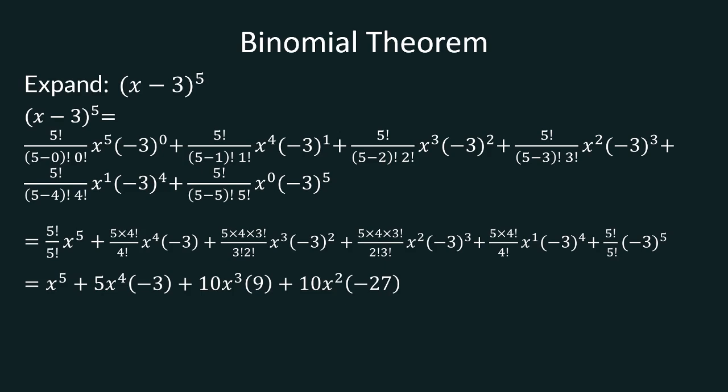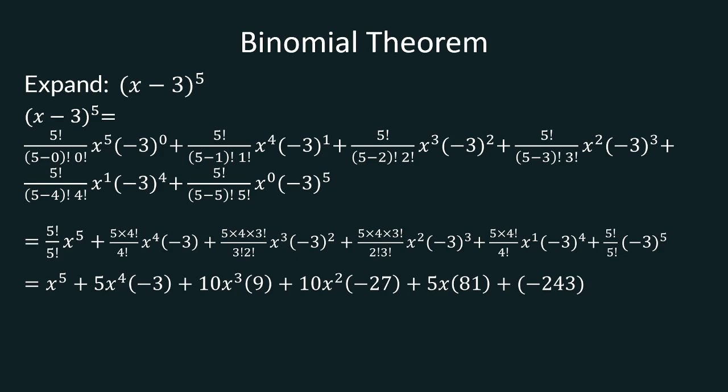We are left with 5 times 4 again, divided by 2 factorial, which is just 2, and we get 10 x raised to the power 2, and negative 3 raised to the power 3 is negative 27, plus, in the next term, 4 factorial cancels out 4 factorial, and we are left with 5 x raised to the power 1 is x, and negative 3 raised to the power 4 is 81, plus, in the last term, 5 factorial cancels out 5 factorial, and negative 3 raised to the power 5 is negative 243.